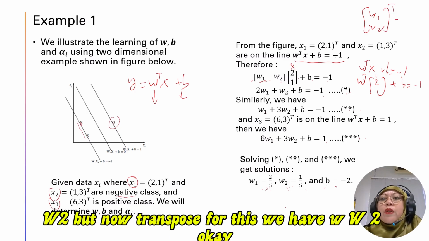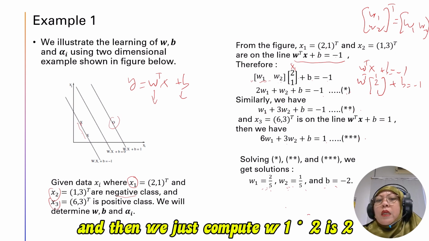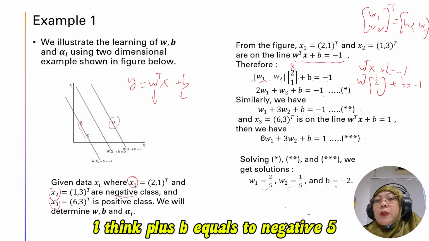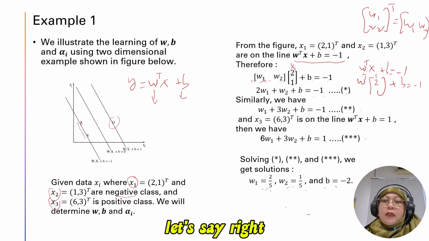Then we compute W1 times 2 is 2W1, and W2 times 1 is W2, plus B equals -1. Let's call this the single star equation.